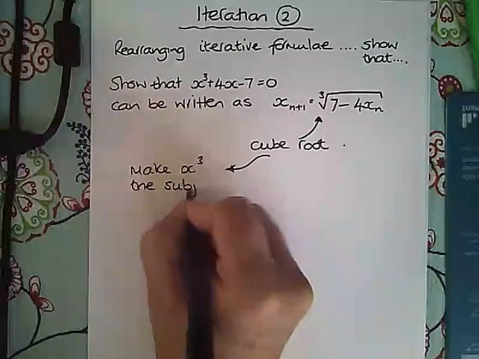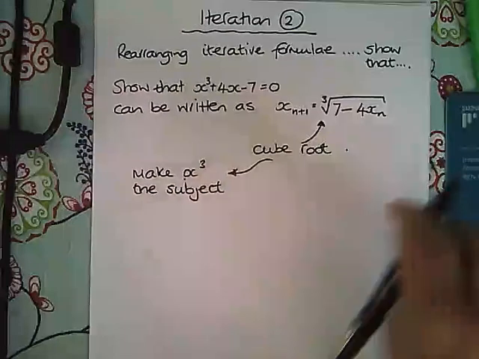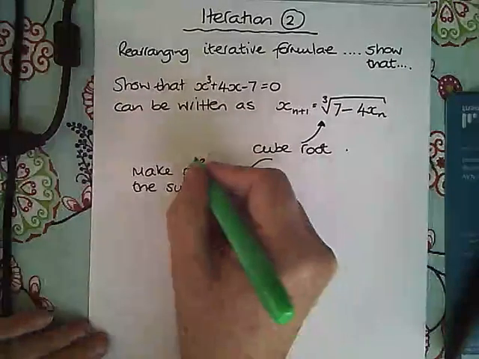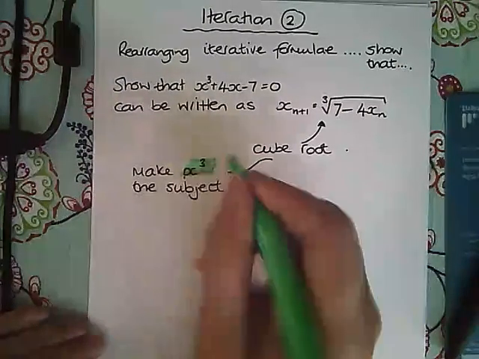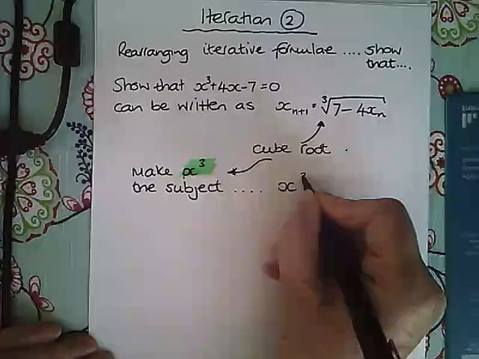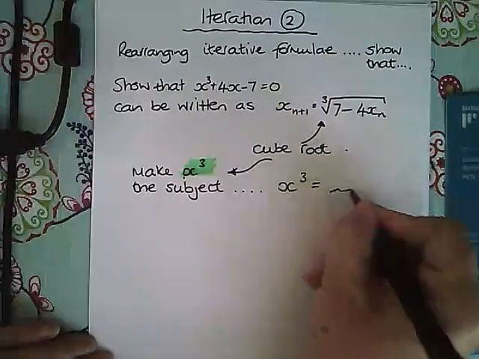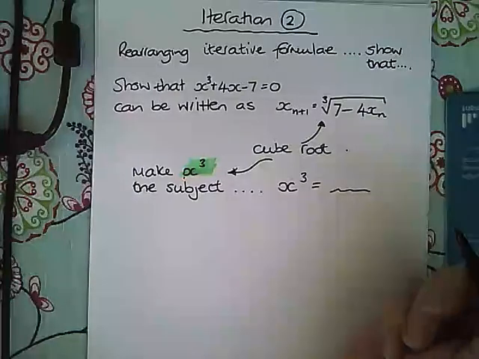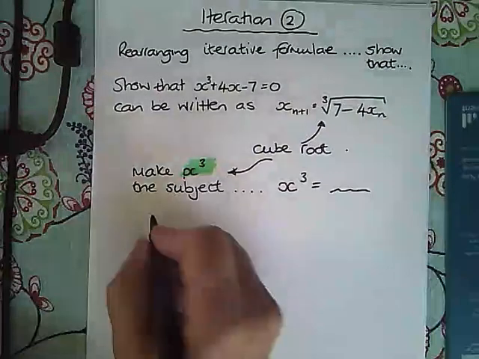That means that we're going to end up with x cubed equals something. So if we go back to the original equation, let's write that out.